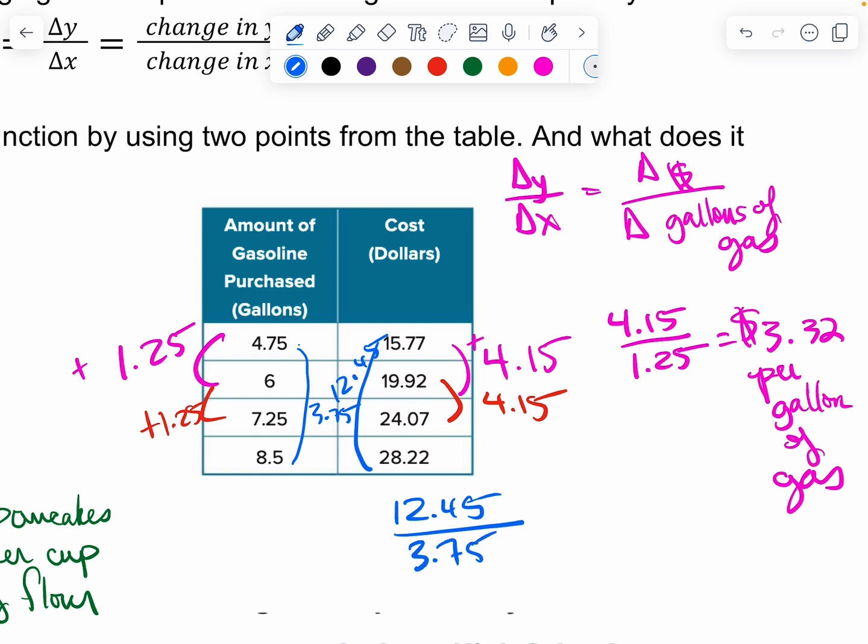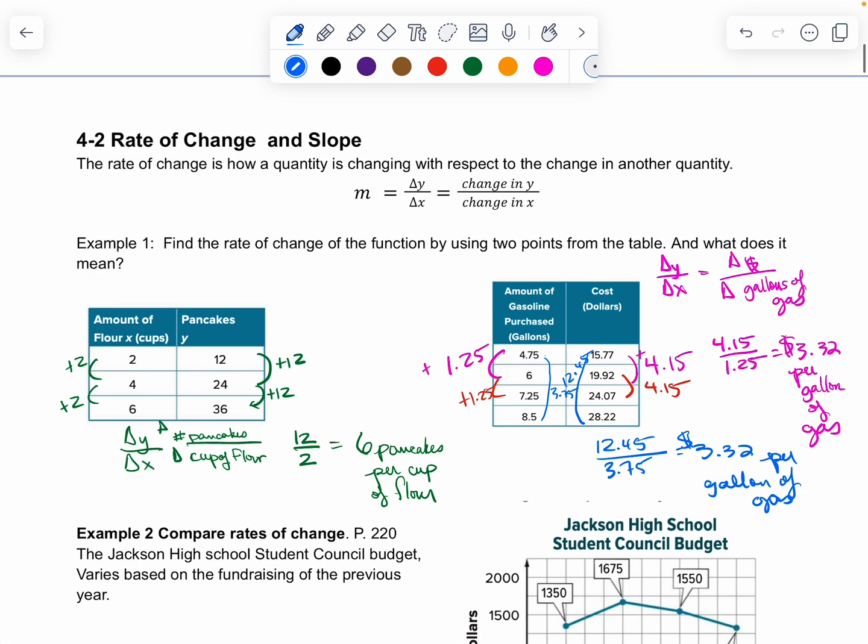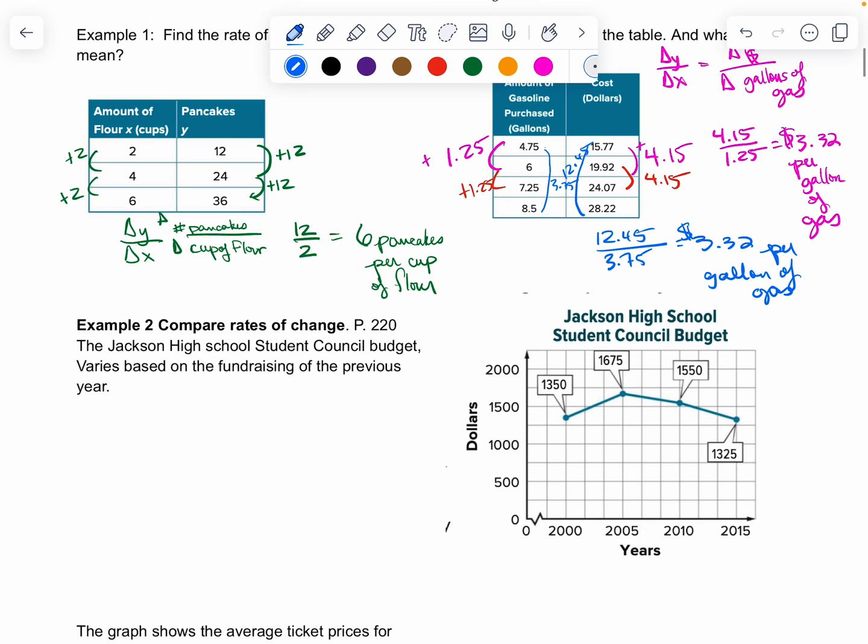So I take the 1245 and I do not subtract, I divide by 375. And again, I'm going to get $3.32 per gallon of gas. And since it's the same rate of change, guess what? We have a line.